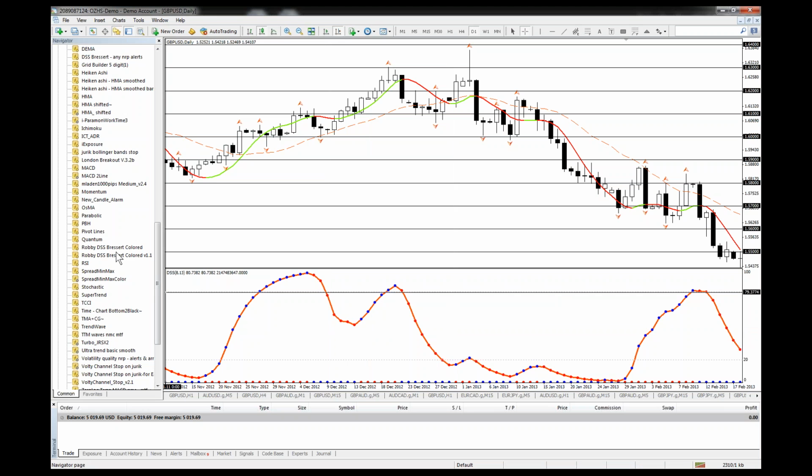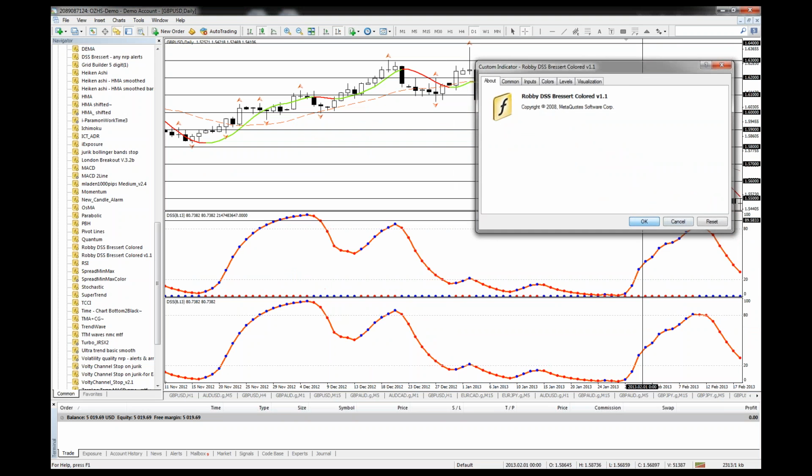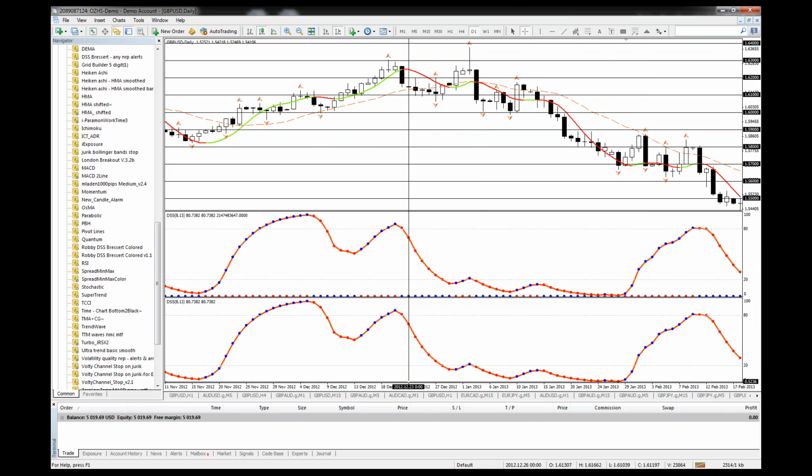Okay, so Robbie DSS Bressert V1. Let's see what that one is. Might be better. Well, they got rid of the dots on the bottom. And I believe this is a combination of the Bressert and something else. It's a stochastic thing, isn't it? I think so.